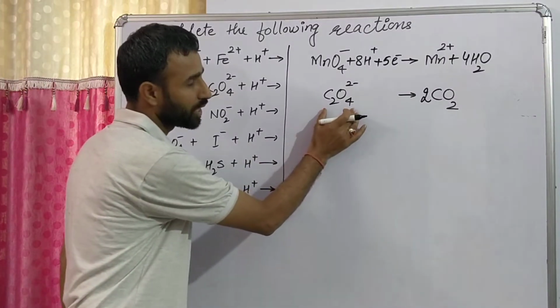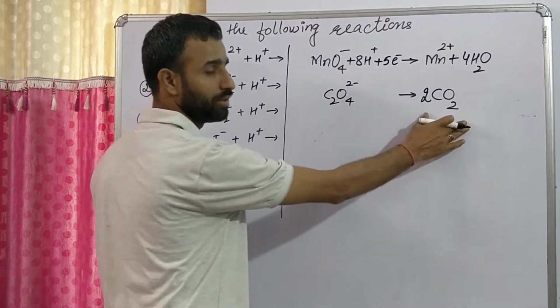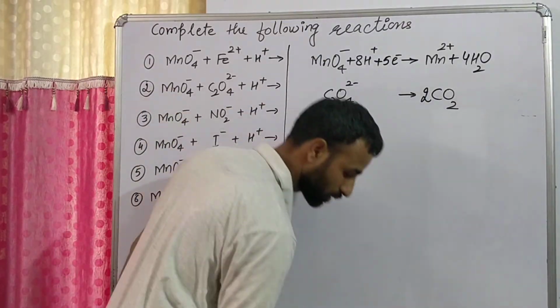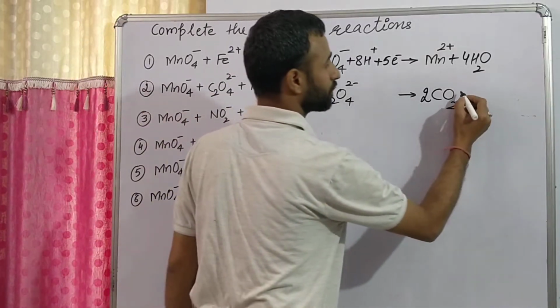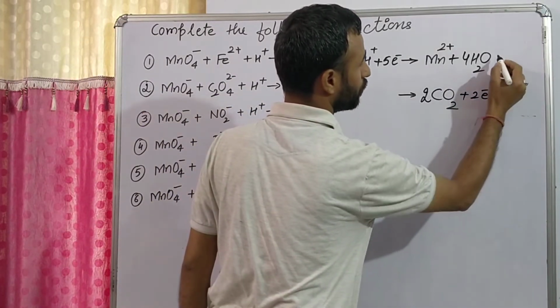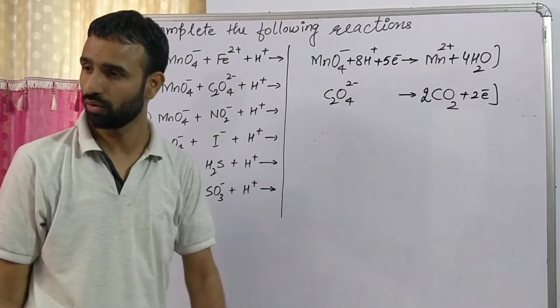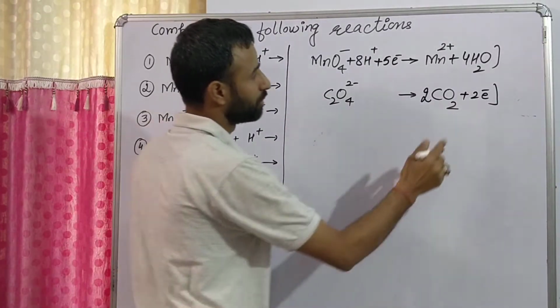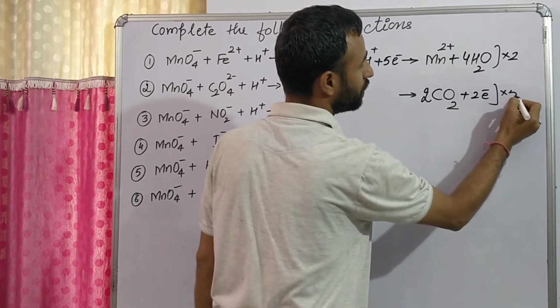Now what is the charge on the left side? 2 minus. On the other side, 0. So electrons are added. How many electrons do we add? 2. Good. Now, to balance, electron gain should be equal to electron loss, so we multiply this equation by 5 and the other equation by 2.